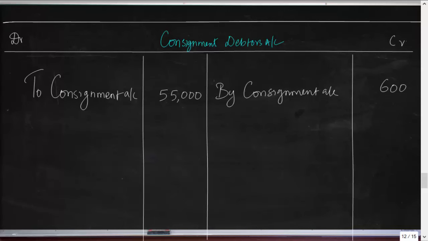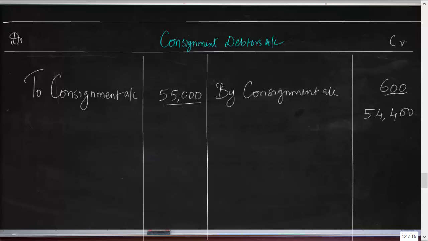The amount that is receivable from consignment debtors is 55,000, of which 600 is not going to be realized. It means balance 54,400 will be realized. And who is responsible for this? The responsibility vests with the consignee.